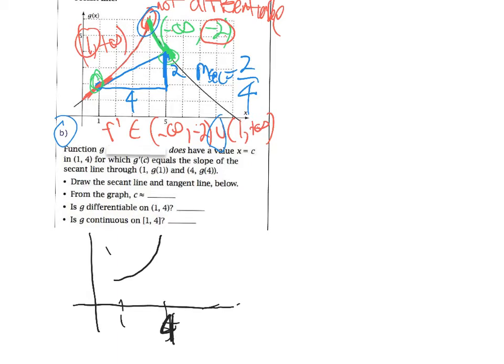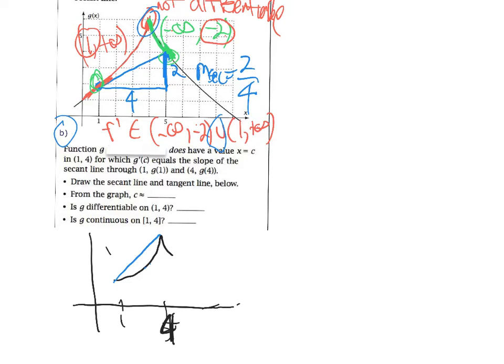And it says now, function g does have a value x equals c in 1, 4, for which g prime at c equals the slope of the secant line from 1, g at 1 and 4, g at 4. So let's draw that. There's the secant right there. What I'm doing now is only looking at the section to the left of that cusp, okay?